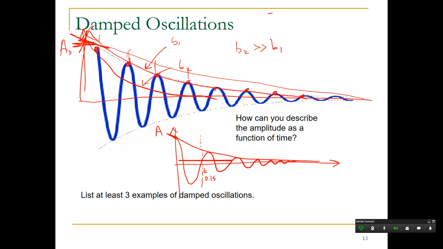It's this value that you're going to get when you punch in your equation and ask what is the A of 0.1 seconds. So you do A naught multiplied by e to the minus b over 2m multiplied by 0.1 seconds, because that's what I'm asking you about. If you plug this in and find a value for A, what you're finding is not the wave value at that time. What you're finding is the amplitude at that time, and your wave won't necessarily hit that amplitude at that exact time. That's what I'm trying to say. Does that make sense?